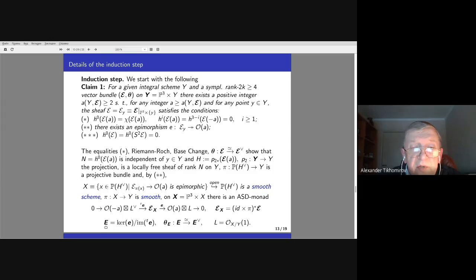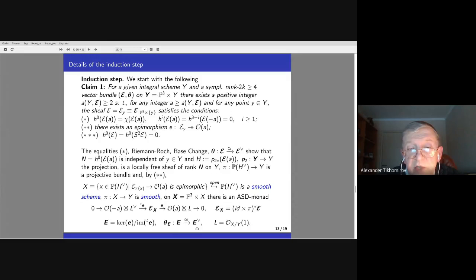And let us look at the bold E, which is the kernel of the surjection, capital bold E, modulo the image of its transpose. As we have discussed, this E is a symplectic bundle since the monad is anti-self dual.